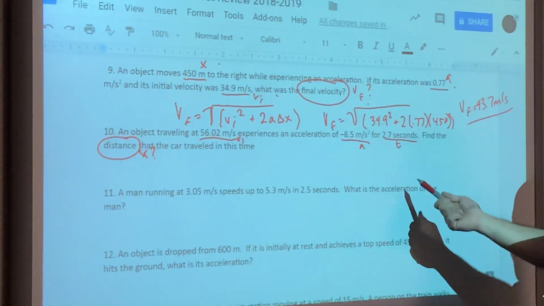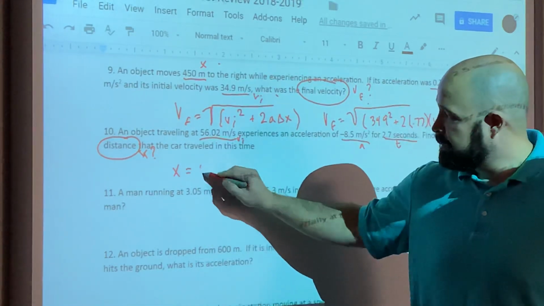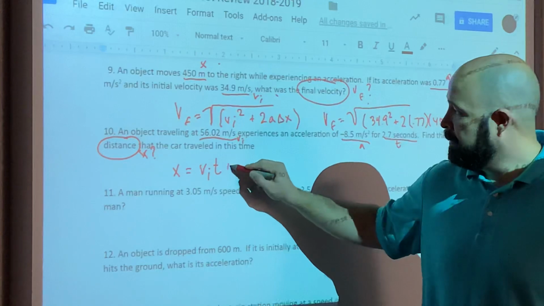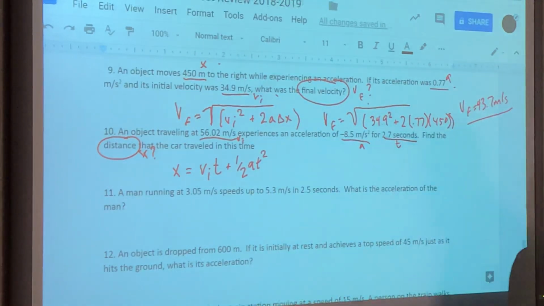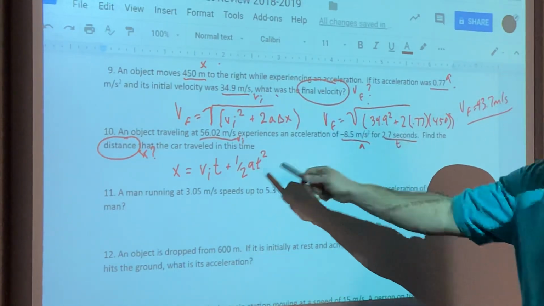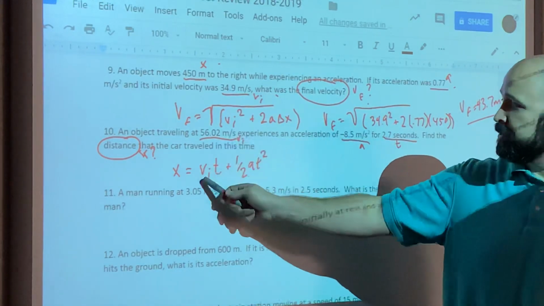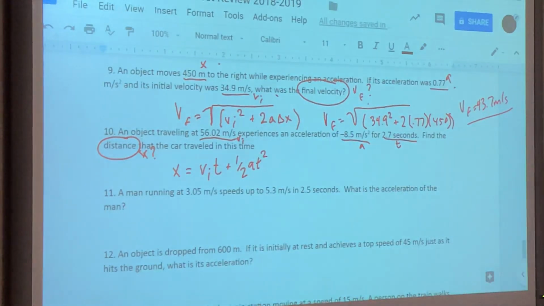So for this problem, we're going to be using the equation that solves for displacement, that uses initial velocity and time plus 1/2 AT squared. This equation is the best one because it has time, it has acceleration, it has initial velocity, and then it also gives you what you're looking for. So you just have to plug them in.